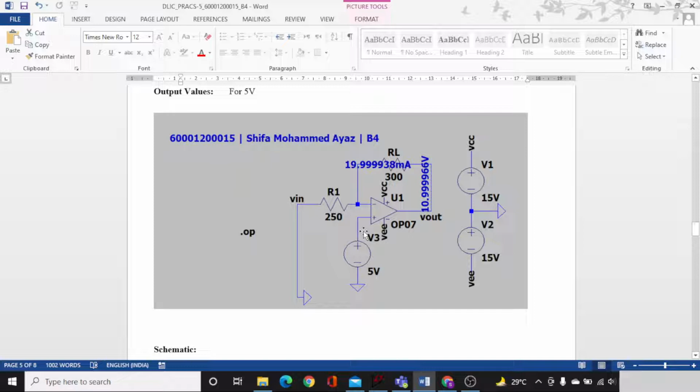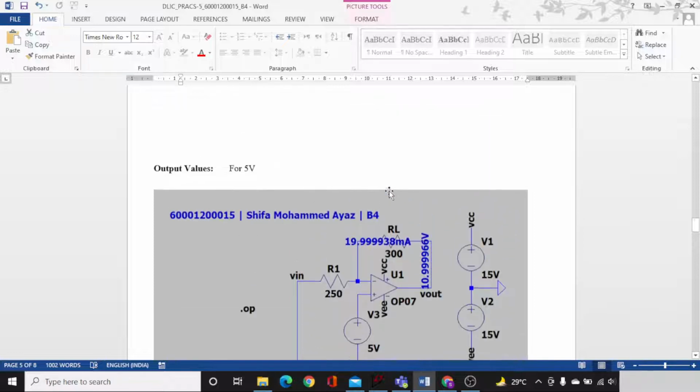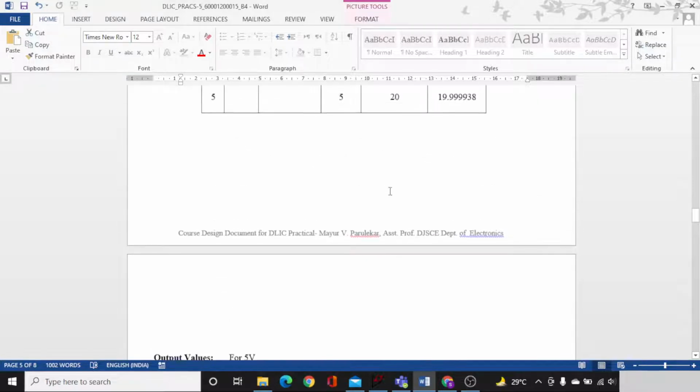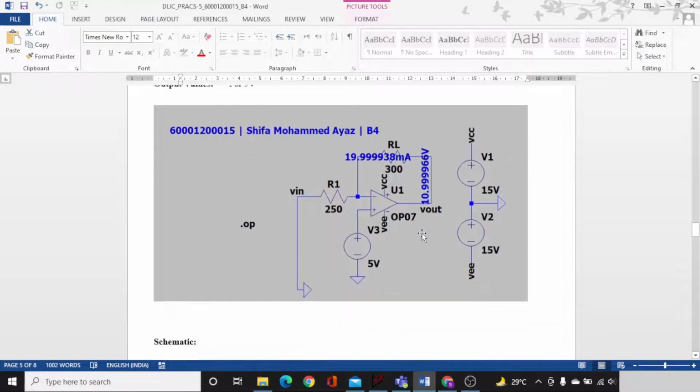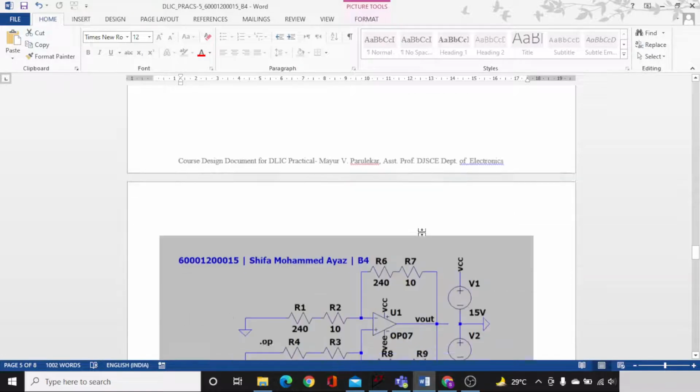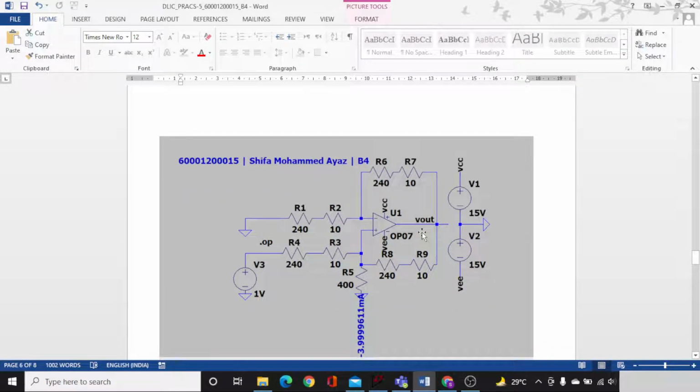So for 5 volts I have achieved an output of 19.9, which is closer to my theoretical load current. Now let's move on to the grounded load V to I converter.